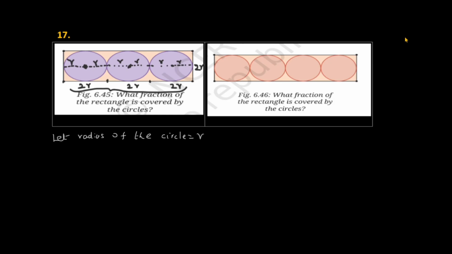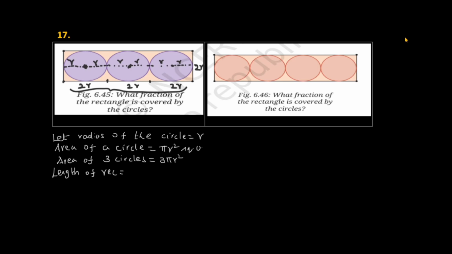So area of a circle is equal to pi R square units. Here 3 circles are there. Area of 3 circles is equal to 3 times pi R squared. Now length of the rectangle is equal to 2R plus 2R plus 2R. 3 circles are there, so 3 diameters, 6R units.